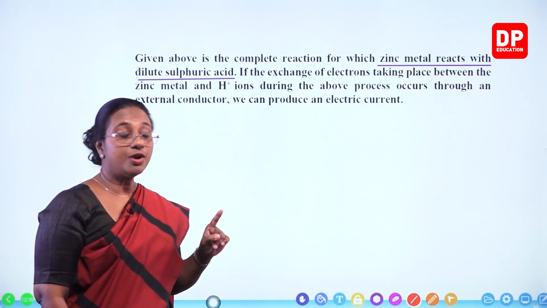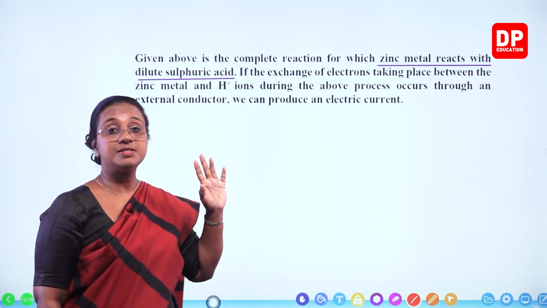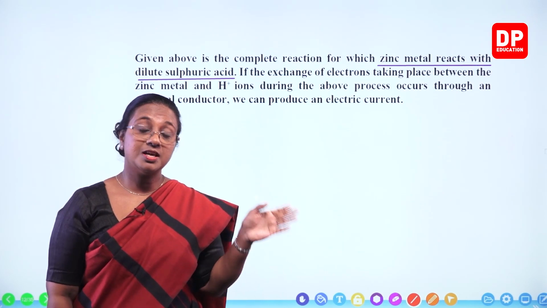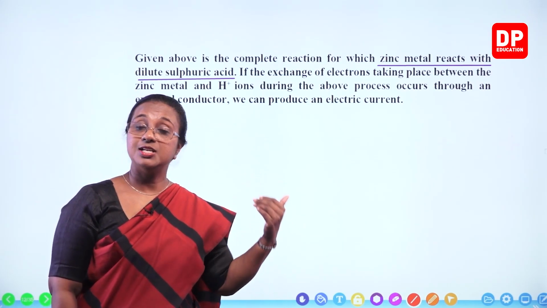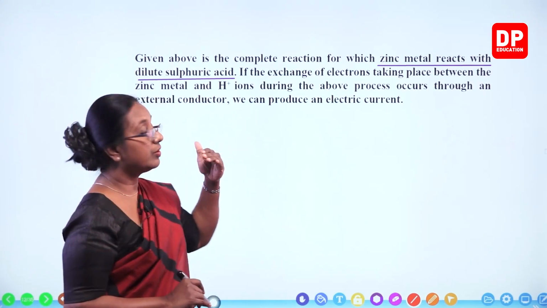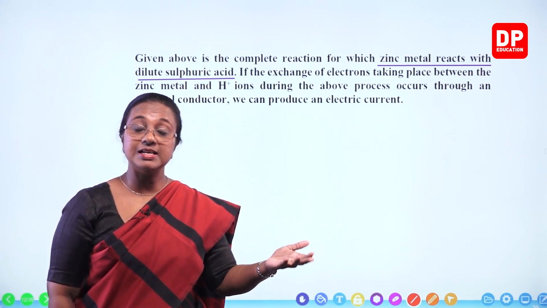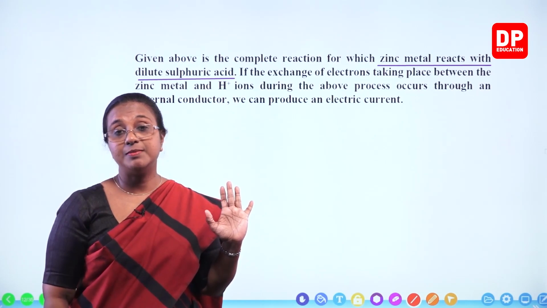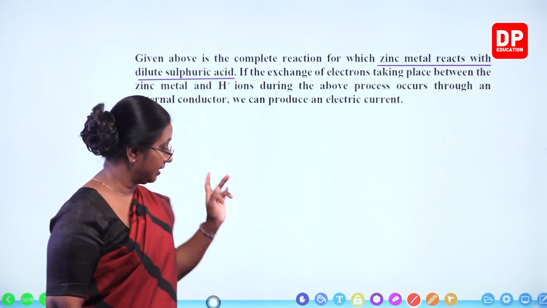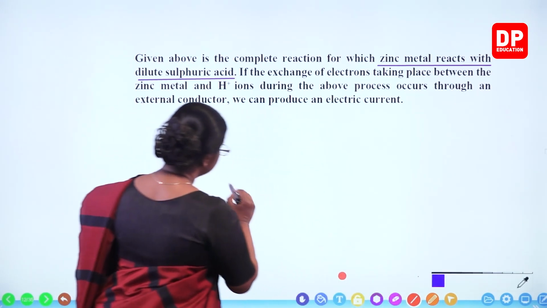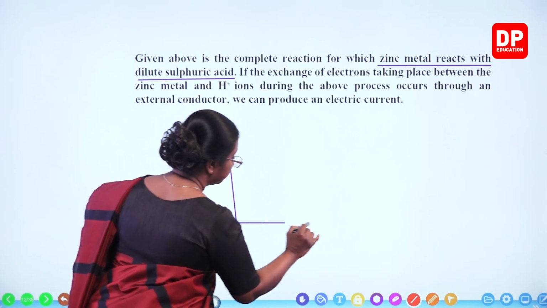So like I told you all, there was exchange of electrons. Zinc loses electrons, H plus takes up electrons. So if we can make the electrons flow through an external conductor, then of course we will be able to produce electricity. So to do that, this is what we need to do.